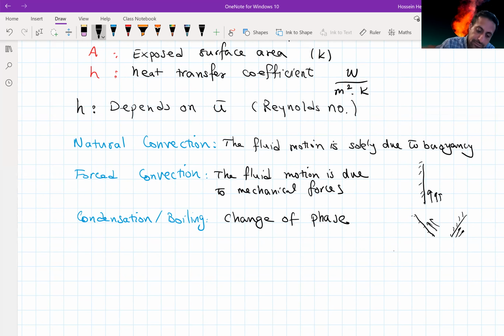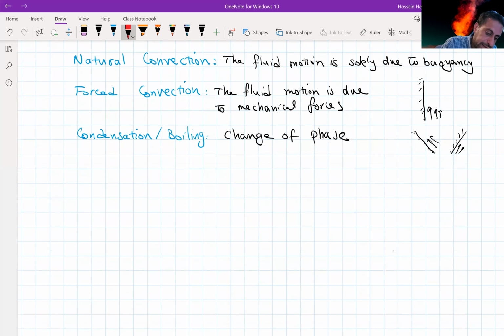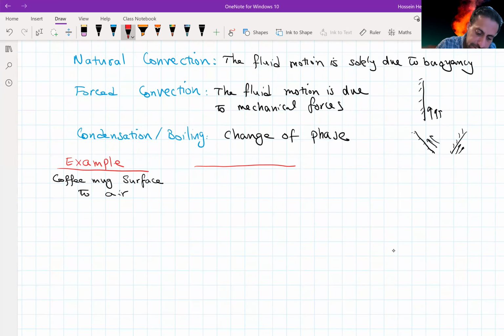Now, if I want to bring an example of each of them, let's say you have a coffee mug and that's exposed to air. Coffee mug surface to air. What mode of convection do we have?